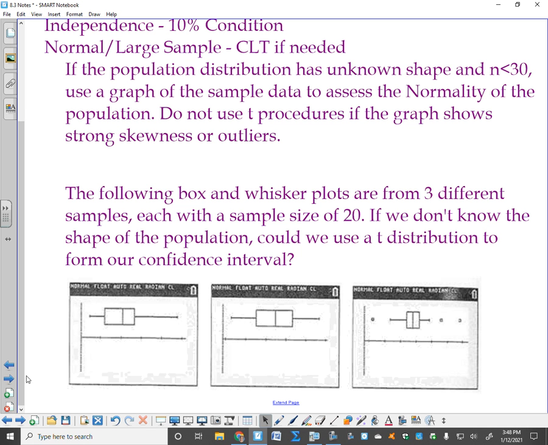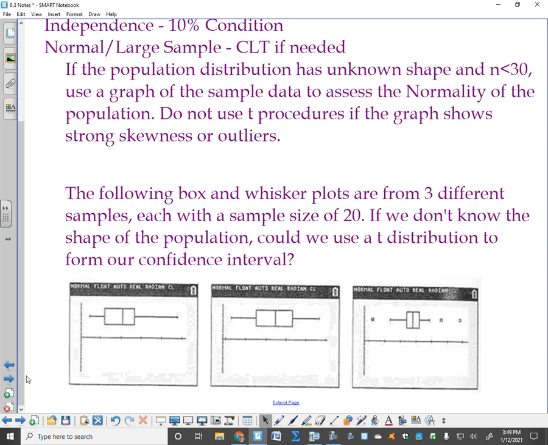The middle one is a yes. That is normally distributed. It shows no strong skewness and no outliers. The third one is a no. It does look roughly symmetrical. However, it has 3 outliers. So the first and third are no's, and the middle one would be okay.